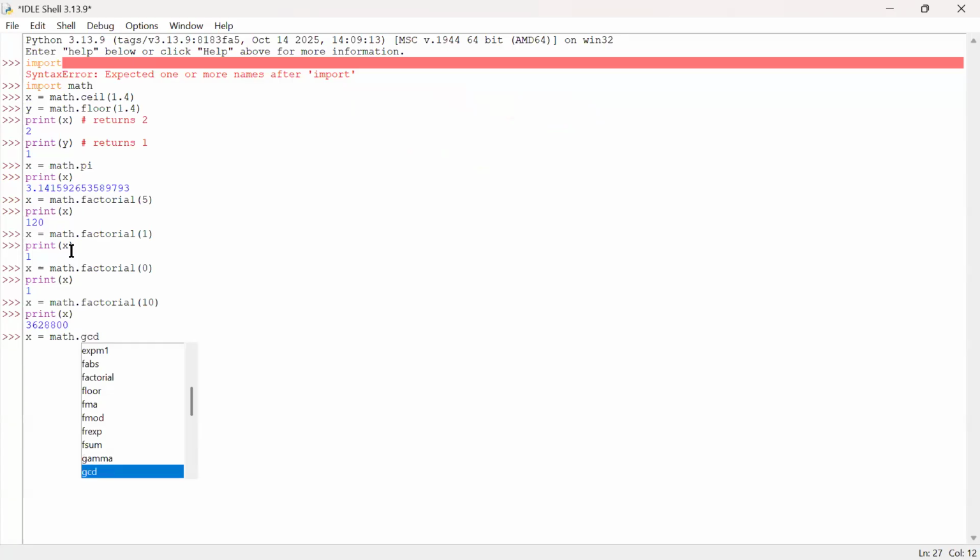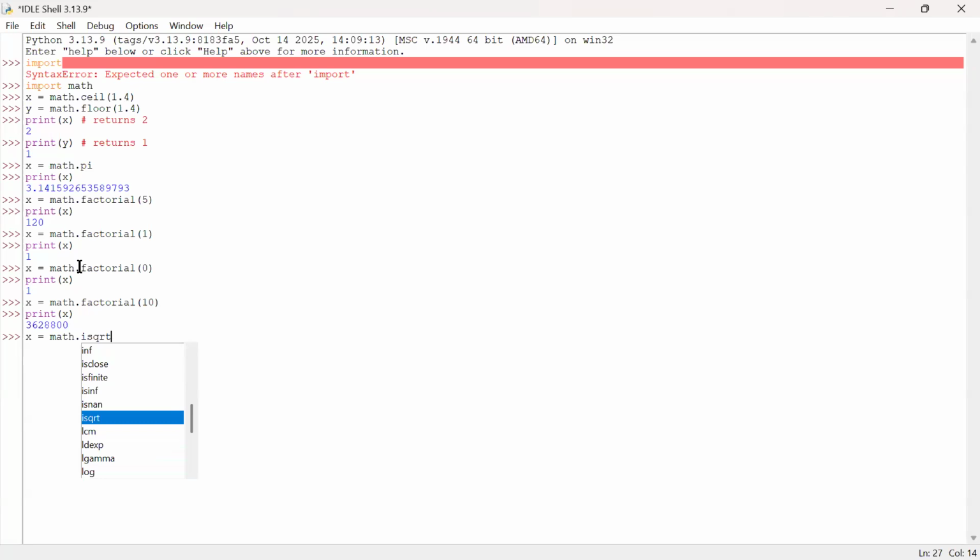Okay, hold on. After factorial is floor. We've done that one. Okay, keep going. F sum. No, I don't think we need that. GCD. Hold on, slow down. Is finite. Okay, keep going. Okay, I saw something. That's LCM. That thing looks like LCM.